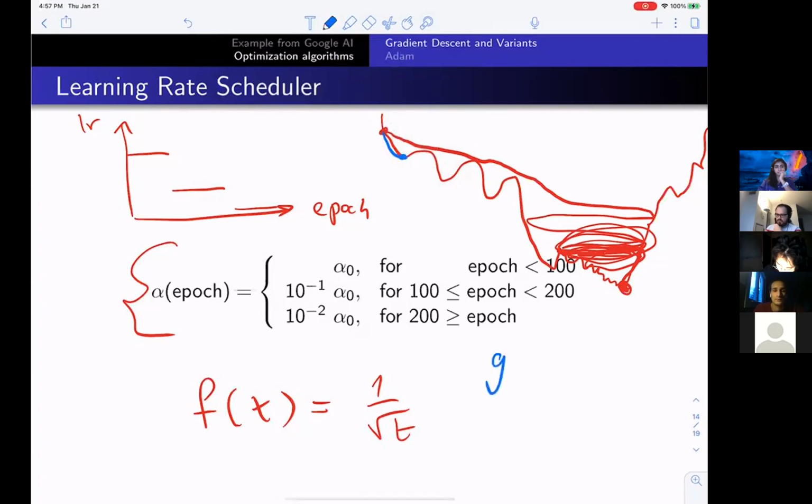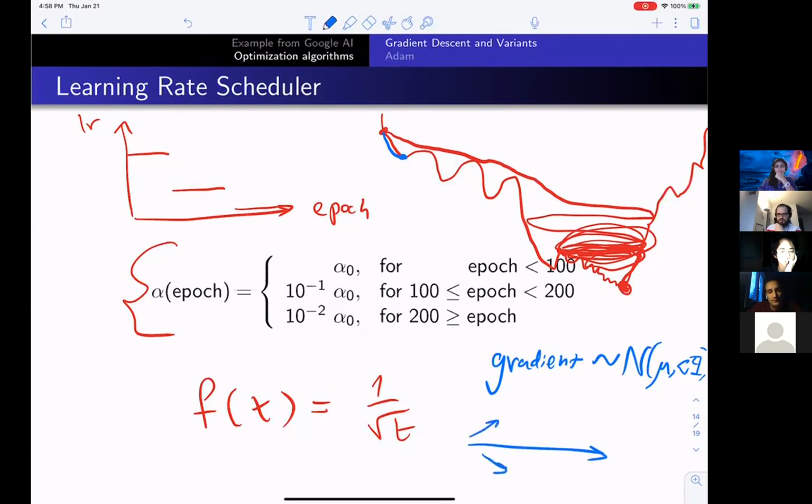So basically you can think of it as follows. Imagine that for some reason your gradient is distributed with a certain mean and a certain covariance, right? Let's just imagine. Then imagine if you just go in the gradient direction, then this is not the correct direction to go all the time. So if the gradient is noisy, sometimes it will point here, sometimes it will point here, right? So it's essentially suboptimal in some sense.